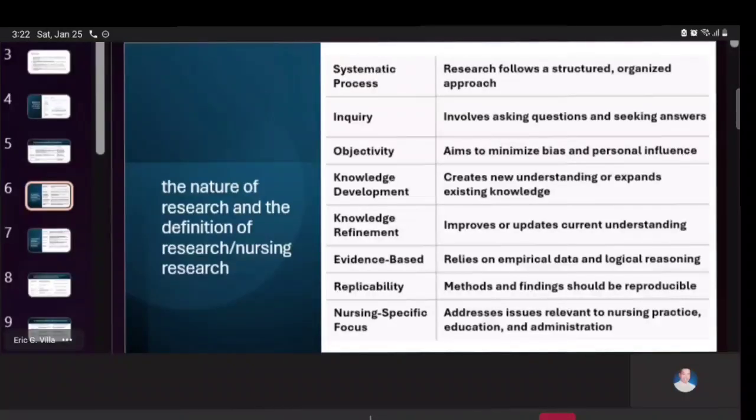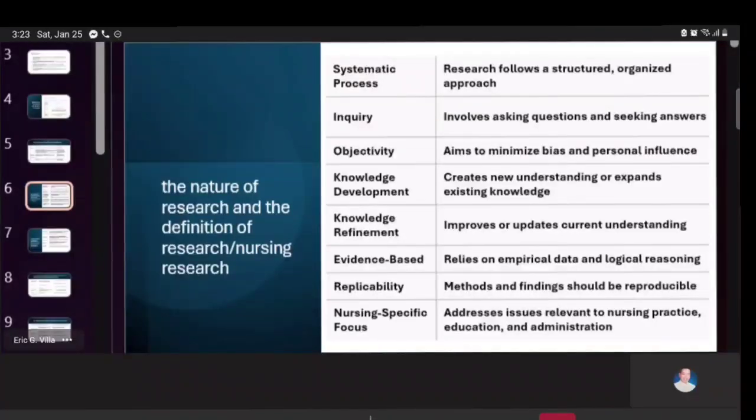Next, they collect data systematically from the patients. After collecting data, there is analysis using statistical methods. And from there, the nurse could draw conclusions based on the analysis.